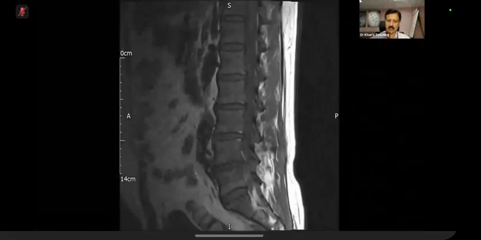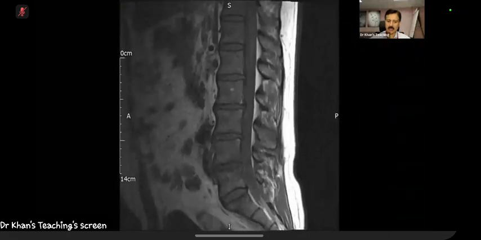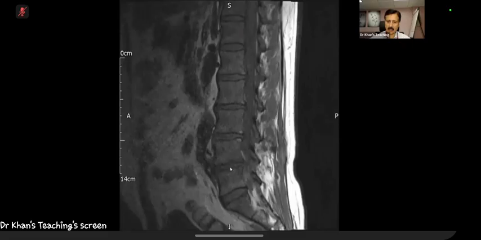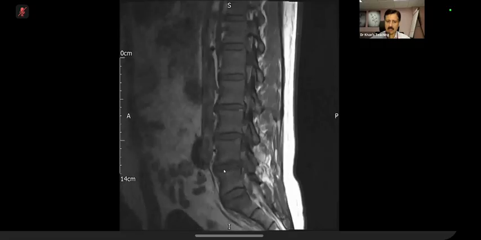On a T1 weighted sequence, look at the marrow. Look at the end plate carefully. Look at this end plate, it is a crisp and sharp outline. Look at this end plate, it has got irregularity. This end plate has got irregularity. And then we go to T2 axial.